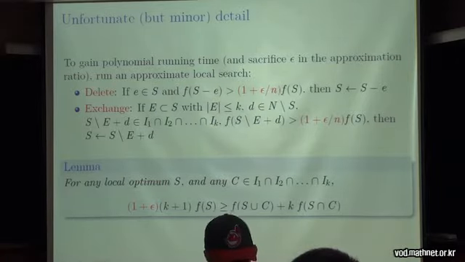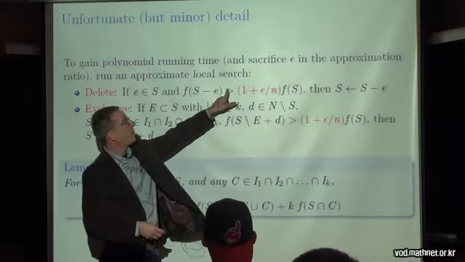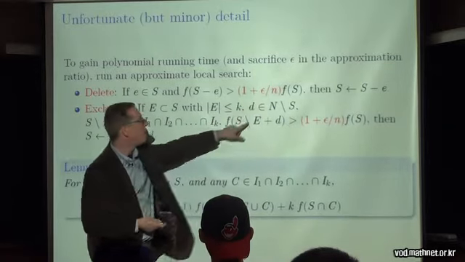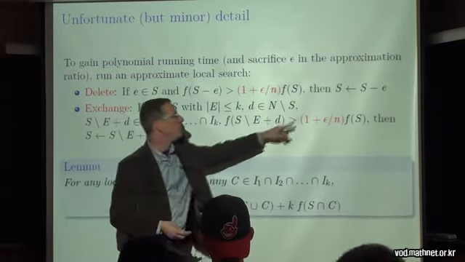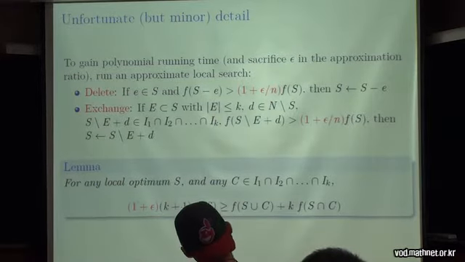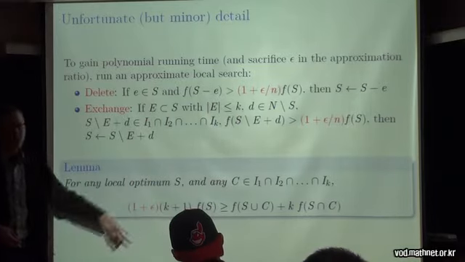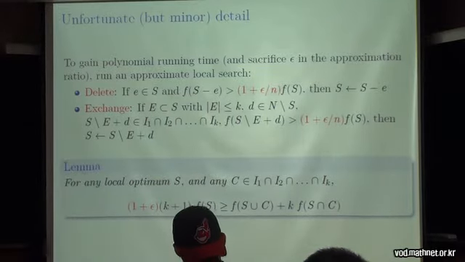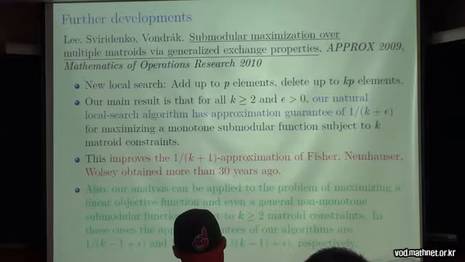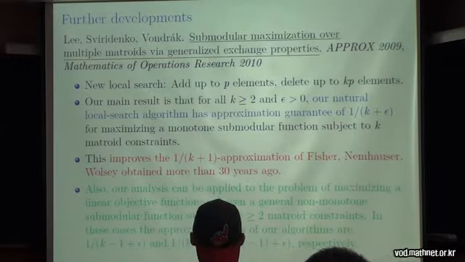You do those exchanges, but you require an improvement of at least so much, with an epsilon here. Same thing here: you stop if you only get a little improvement. If you do that, you can prove the same lemma, but with a factor of 1 plus epsilon, and that gets you the result I mentioned.